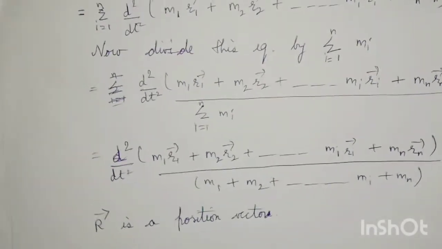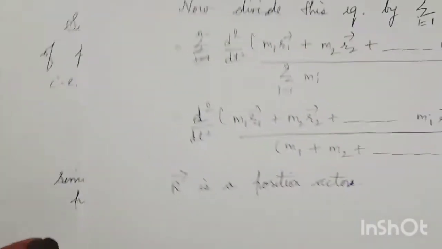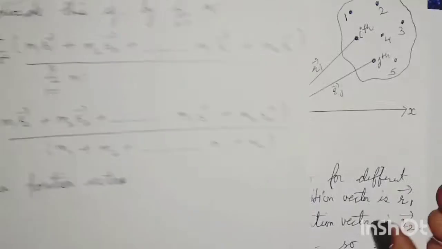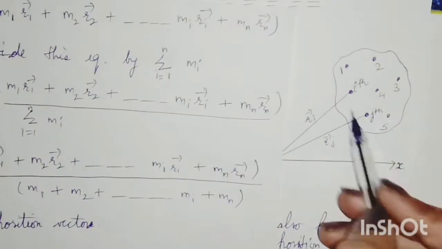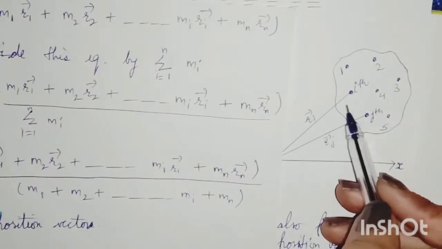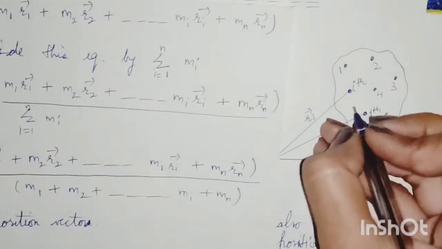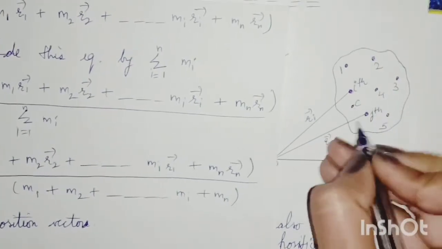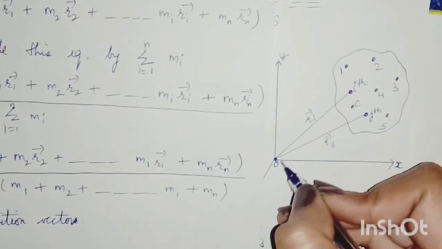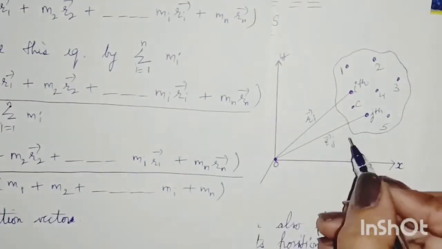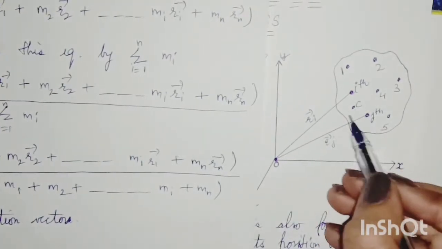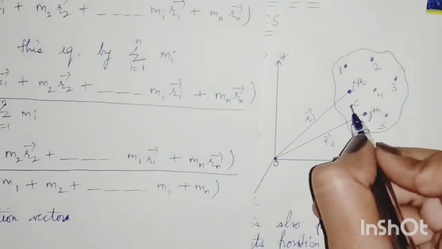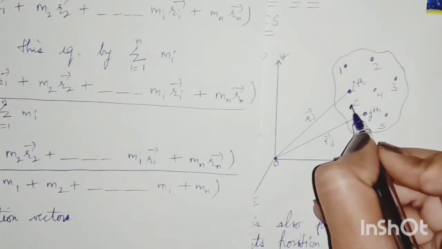Here we have a number of particles, and here we have the cth particle whose position vector is R. That means all the mass is concentrated at this center of mass, so its position vector is R vector.